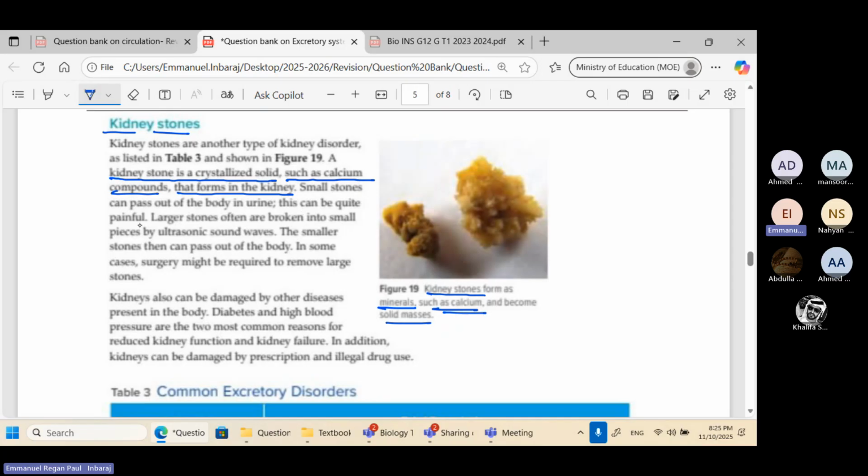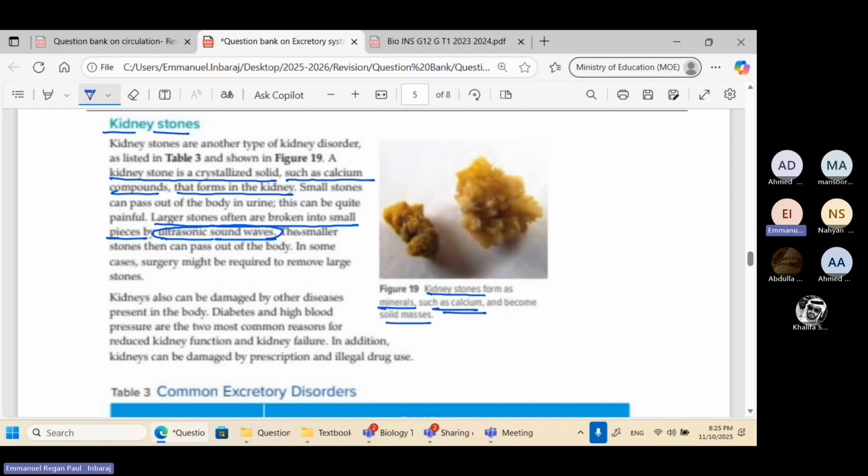The larger stones are broken into smaller pieces by a technique. This is important. They use ultrasonic sound waves to break these stones.